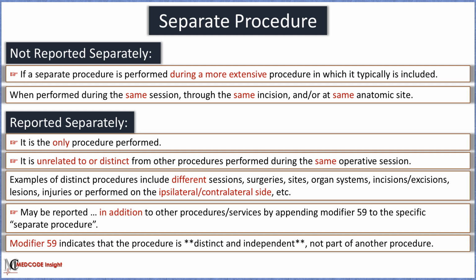If a distinct procedure is performed at that time, it may be reported in addition to the other procedure or services by appending modifier 59 to the specific separate procedure code to indicate that the procedure is distinct and independent, not part of another procedure.